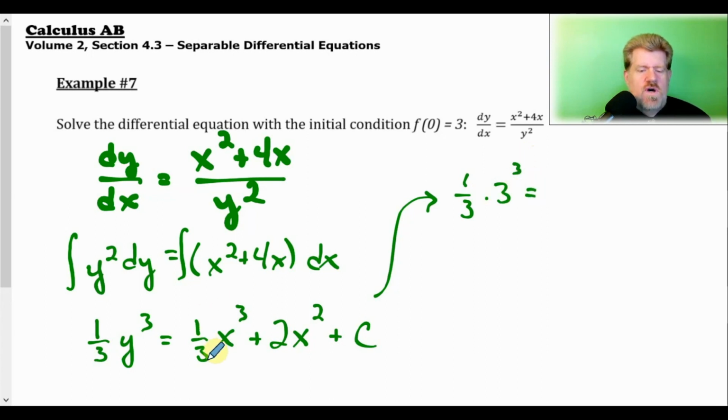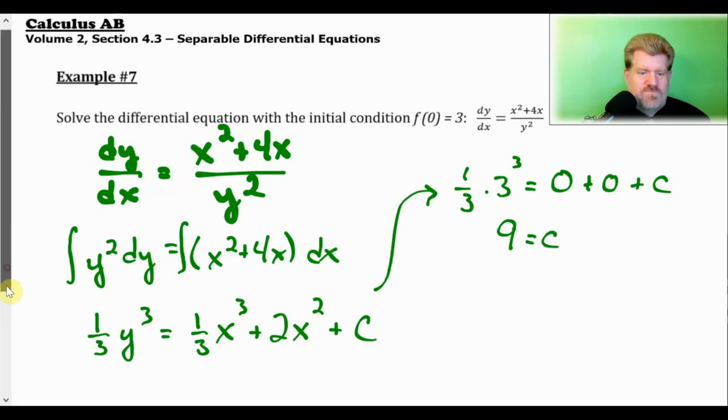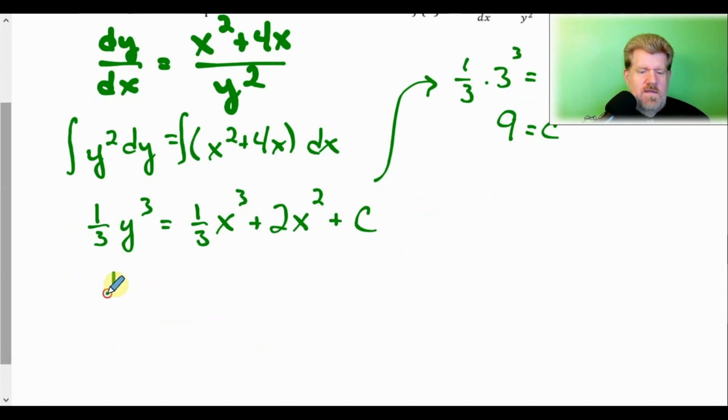And what is 1/3 times 0 cubed? And what is 2 times 0 cubed? And the c stays a c. All right, let's figure this out. 3 cubed is 27. 27 divided by 3 is 9. All right, our c value is 9. We end up with this.